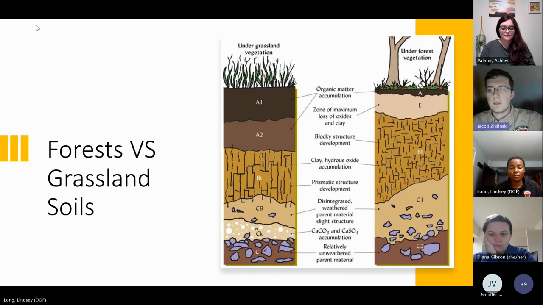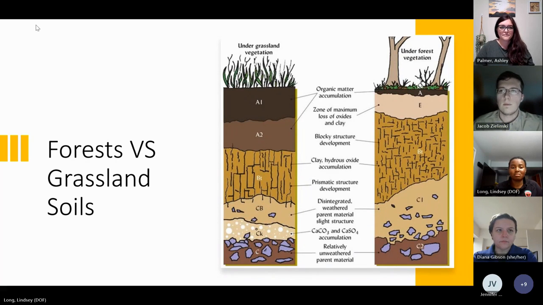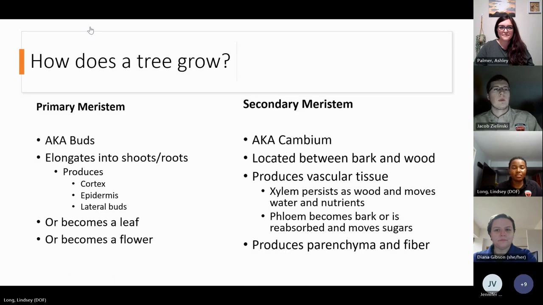And you'll notice some big differences here. With all that organic matter accumulating, a lot of the nutrients are accumulating up on the grassland, while in the forest a lot of those nutrients are cycling upwards more towards those roots. They're being upcycled, so you get this loss in this E section here. We'll go next. There we go.